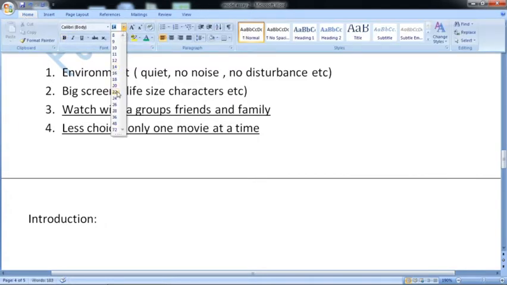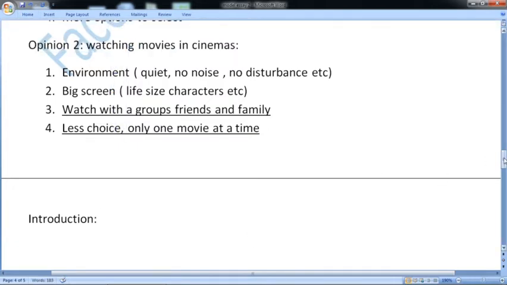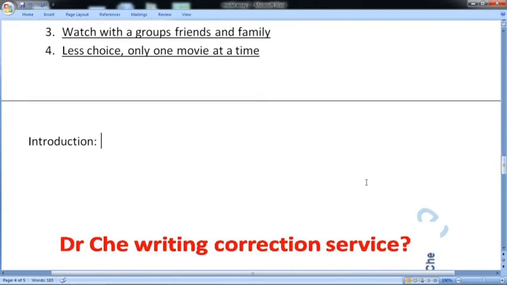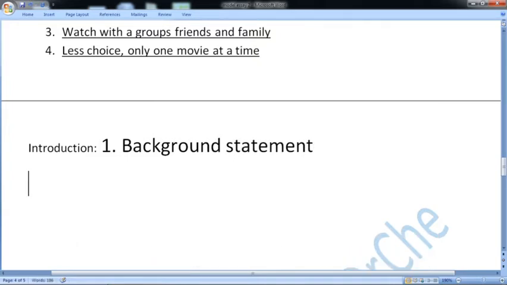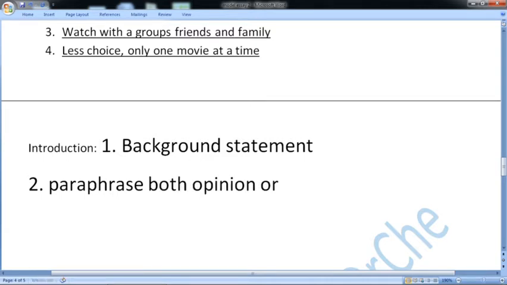Our introduction would be, first of all, number one, a background statement. Number two, paraphrase both opinions or mention both of them.